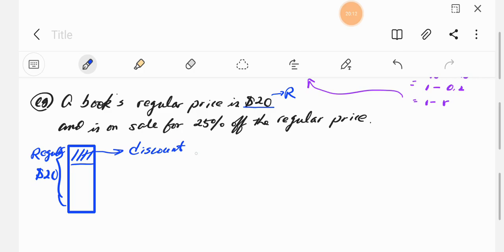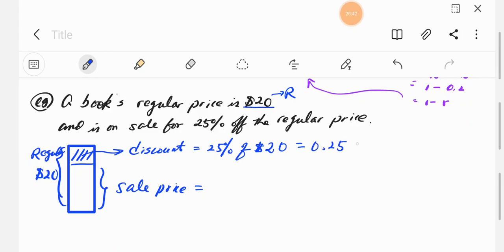Discount, which is 25% of the regular price, $20. Okay, then this will be the selling price, the sale price. This one is 25% of 20, which is 0.25, which is 1/4 of 20.